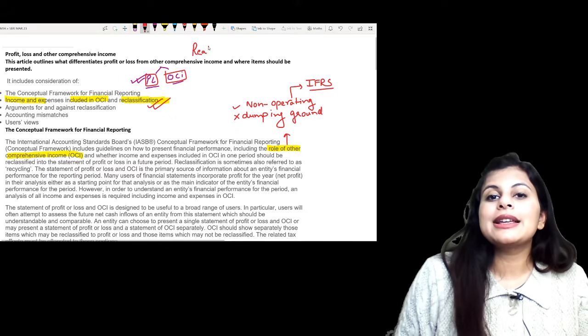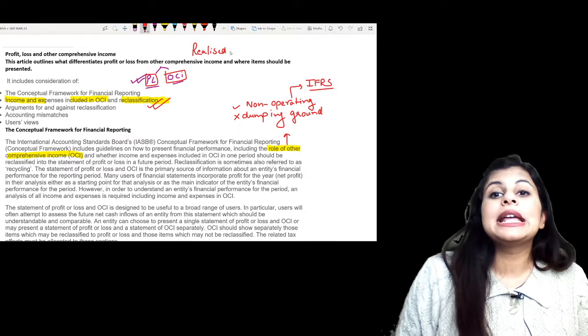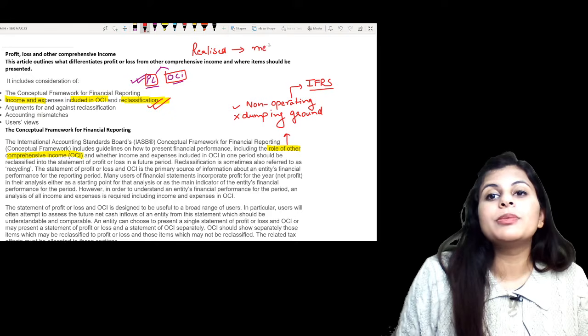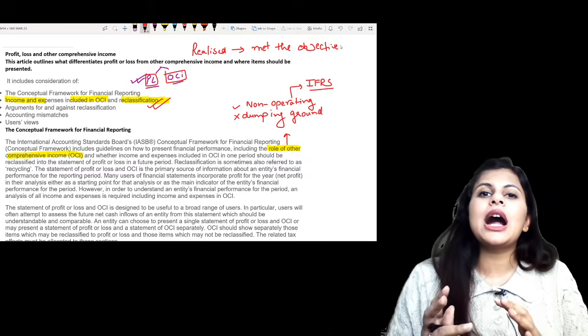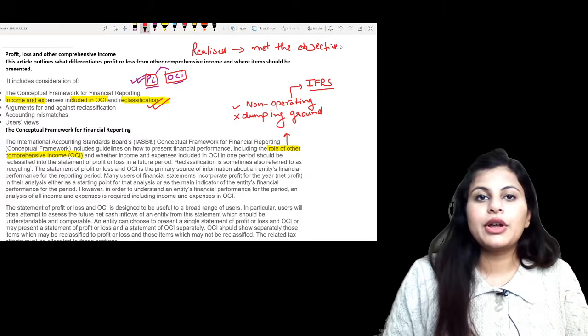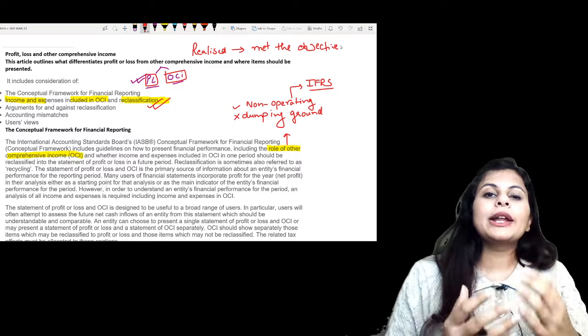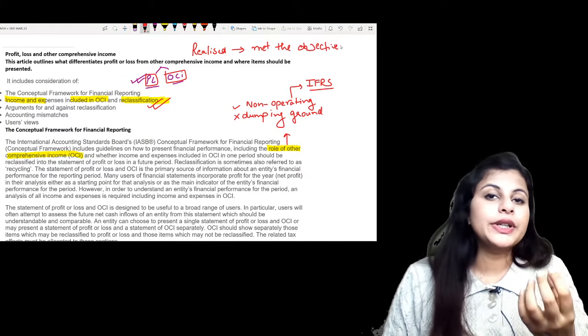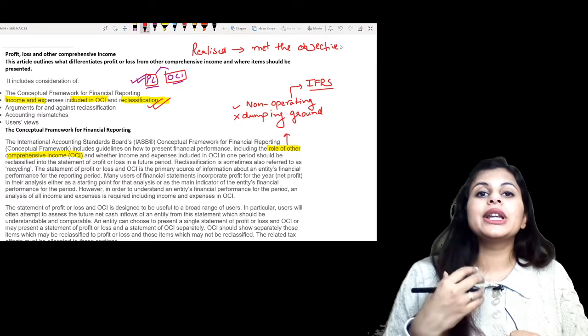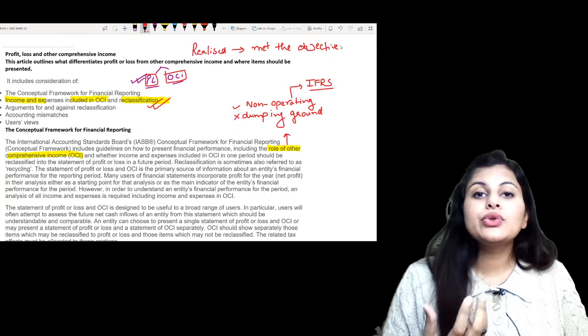When I say realized, I mean that you have met the objective. And by unrealized, I mean it is unrelated to the objective. For example, why do we have property, plant and equipment? We have it because we want to use it in our operations. We want to generate revenue. We want to produce goods.